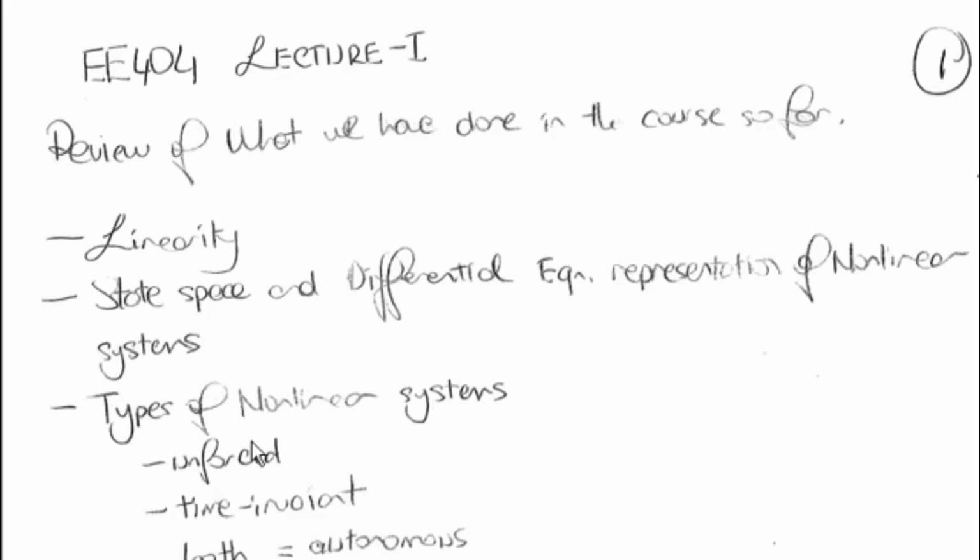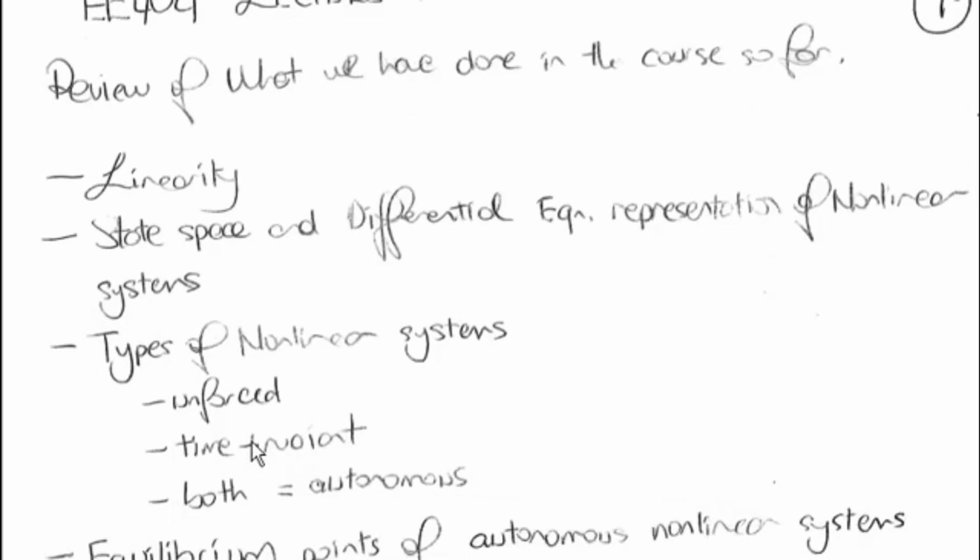Then we looked at types of nonlinear systems, and defined what an unforced nonlinear system is, what time invariant and time varying nonlinear systems are, and what systems that are both unforced and time invariant would be, which are called autonomous nonlinear systems.